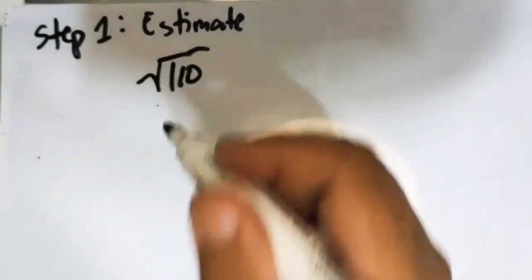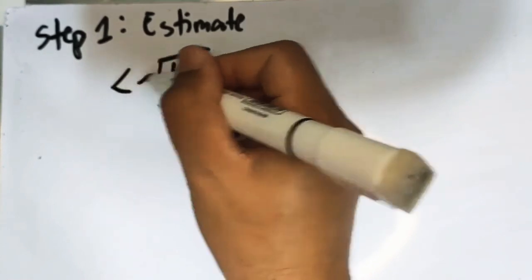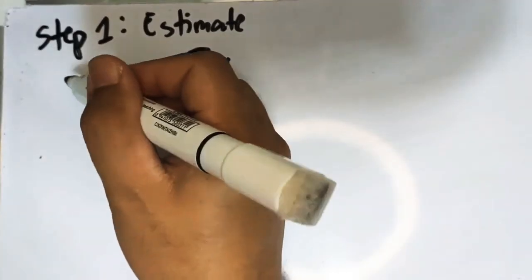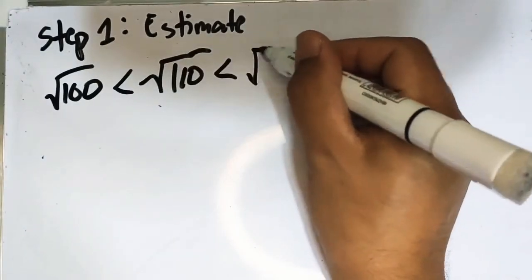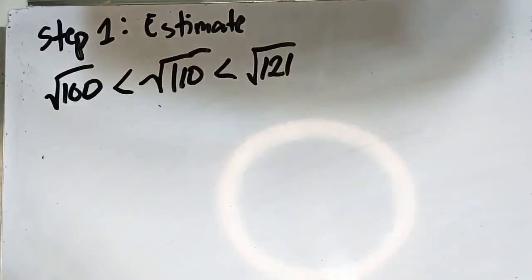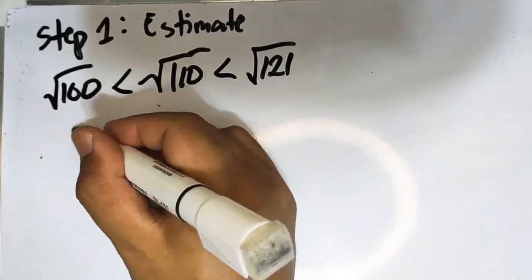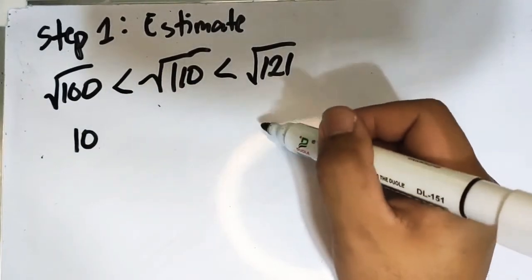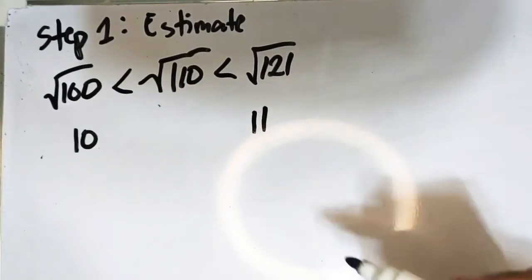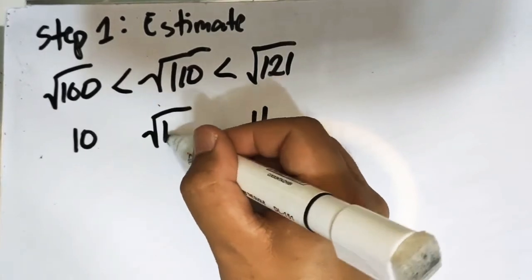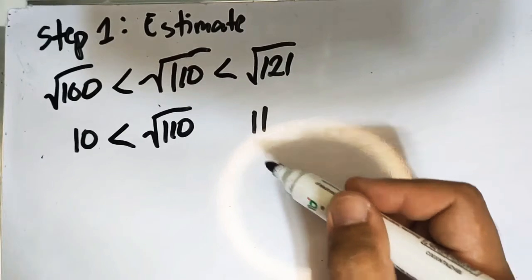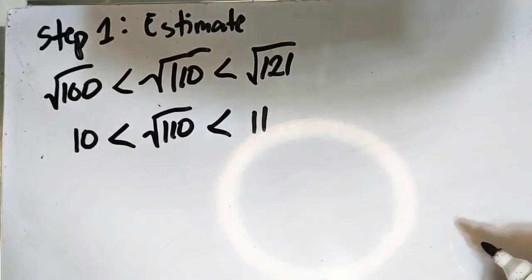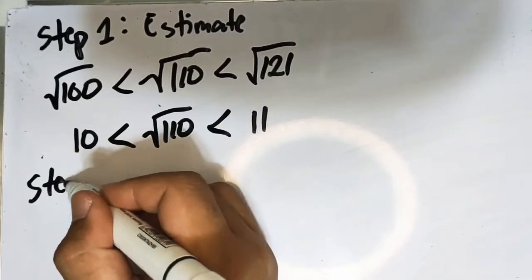Okay, so square root of 110 is between the square root of 100 and square root of 121. So this is 10 and the square root of 121 is 11. So the square root of 110 is greater than 10 but less than 11. Okay? So step 2.